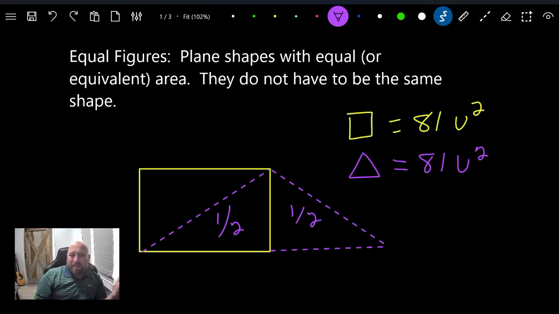Now, they don't have to be connected like this. They just have to be equal figures. Theoretically, and it gets a little theoretical, you could have a rectangle that had the same area as a circle. Why do I say that's theoretical? Because all circle areas are done in approximate. Because you're multiplying by pi, 3.14159, and it keeps going on, and the decimal never stops or repeats.